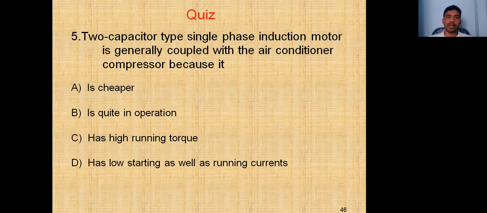The answer is that it has high running torque and low starting as well as running currents.